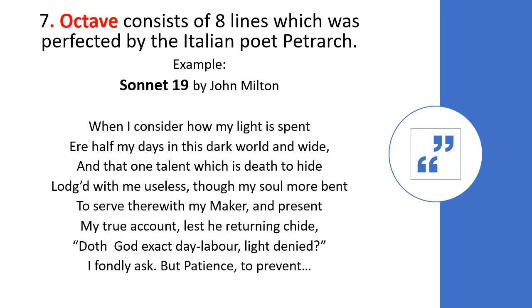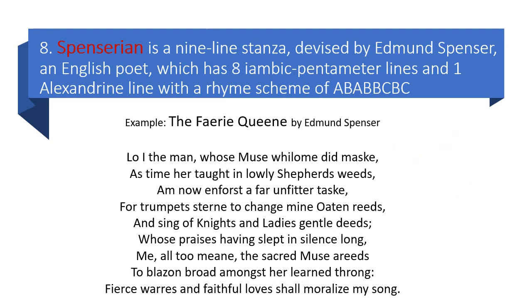And the 8th type of stanza is Spenserian. Spenserian is a 9-line stanza devised by Edmund Spenser, who is an English poet. Spenserian has 8 iambic pentameter lines and 1 Alexandrine line with a rhyme scheme of ABABBCBC.